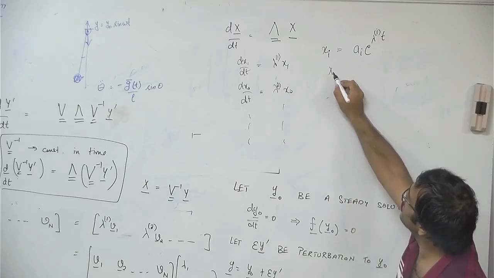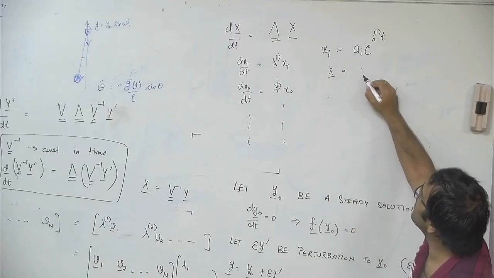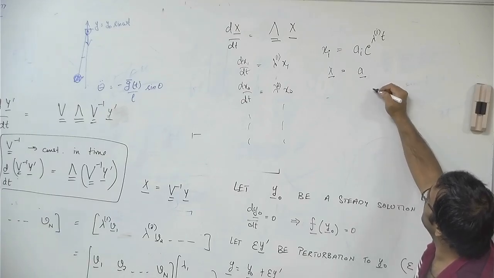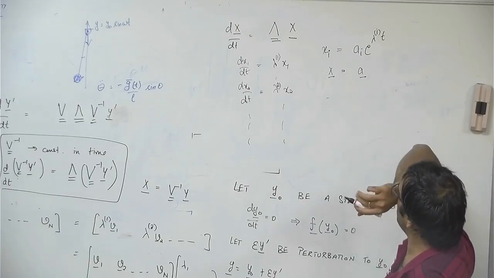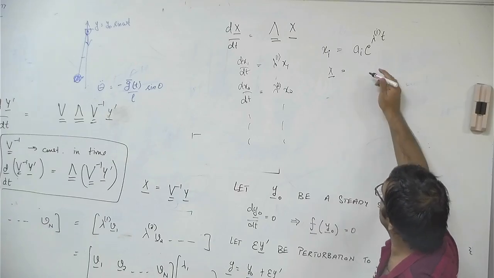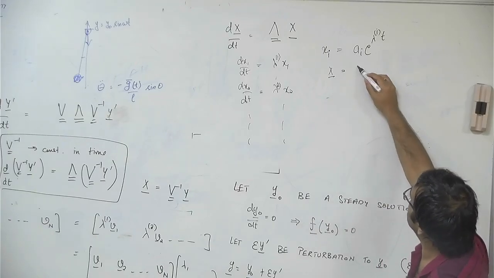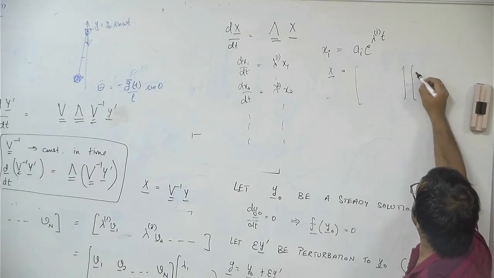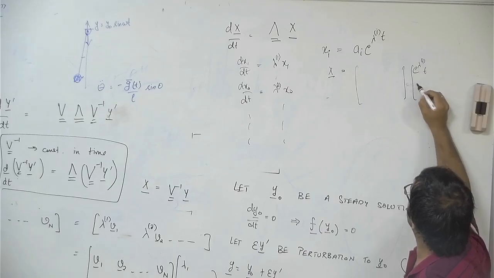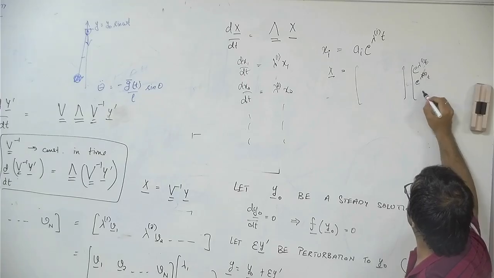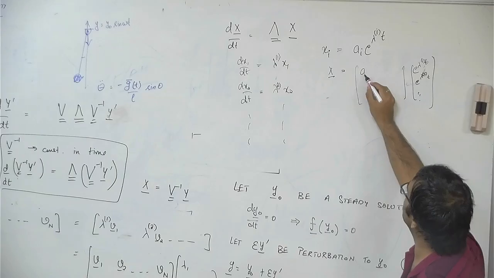So, your x solution will be some, let us say, a... how do we write this? We can write it as diagonals actually. Yeah. So, you can put lambda 1 t, lambda 2 t and so on, and then you can put your constants here.